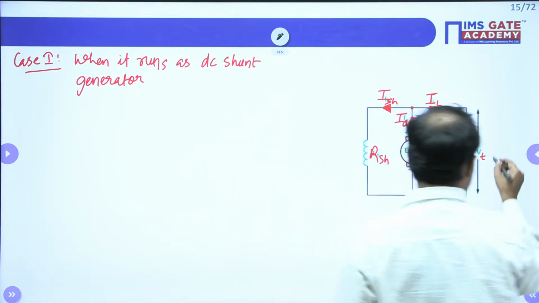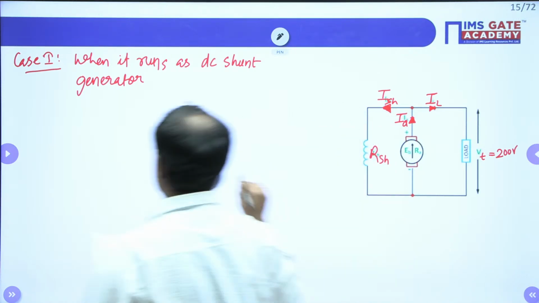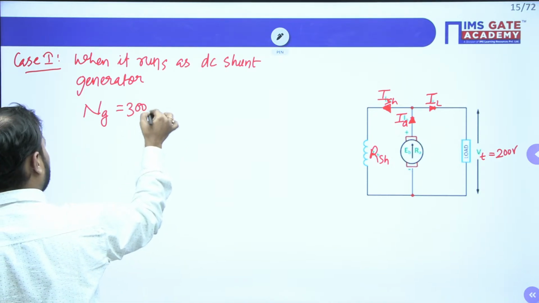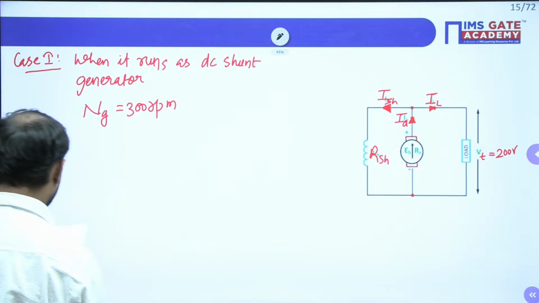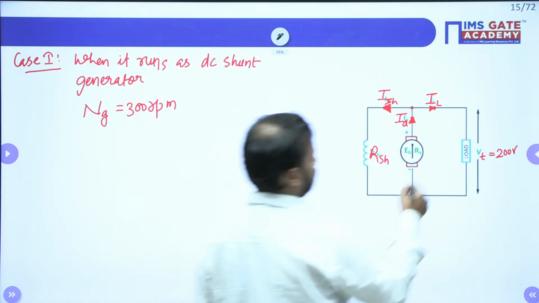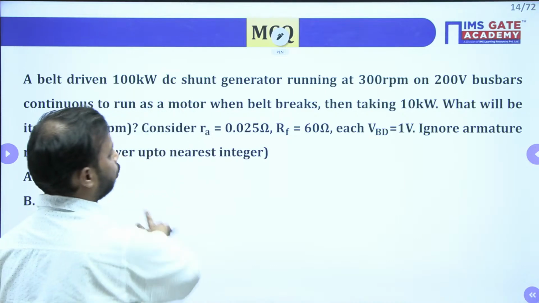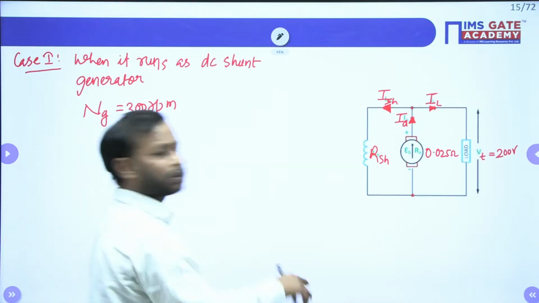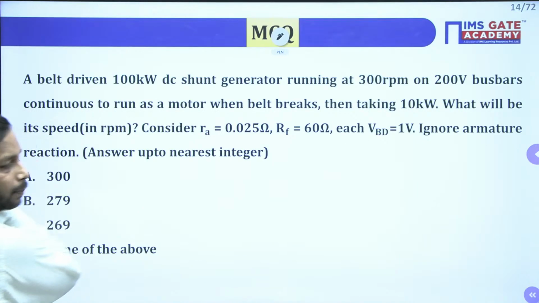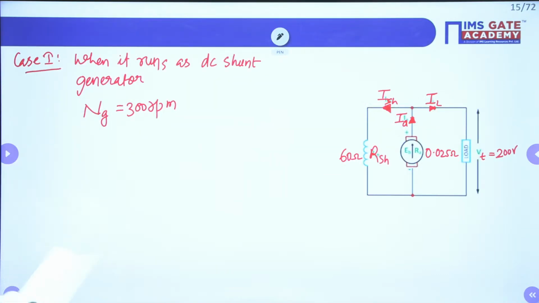Yes, VT is 200 volt. What else? For the generator, the speed is given as 300 RPM. Any other data? 0.025 is the armature resistance, and the shunt resistance RF, the field resistance, is 60 ohm. Anything else? Yes, the brush drop is 1 volt, so we need to consider that.